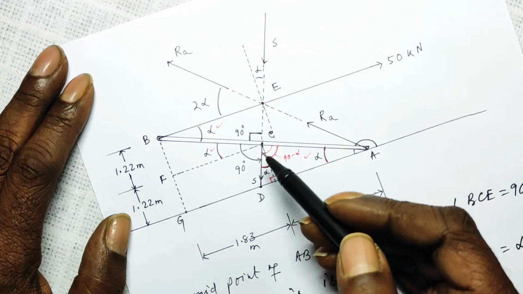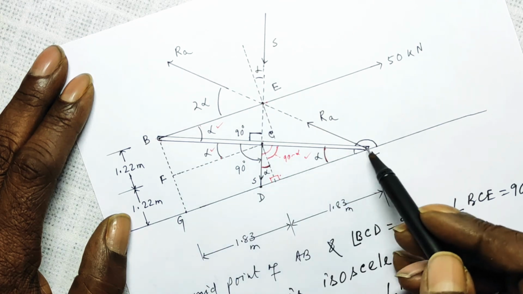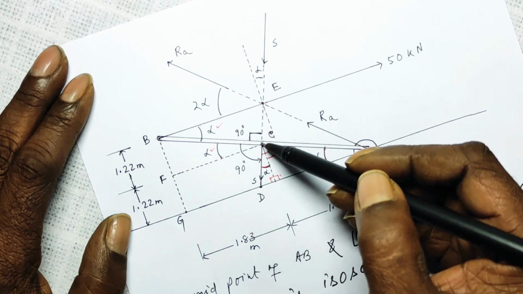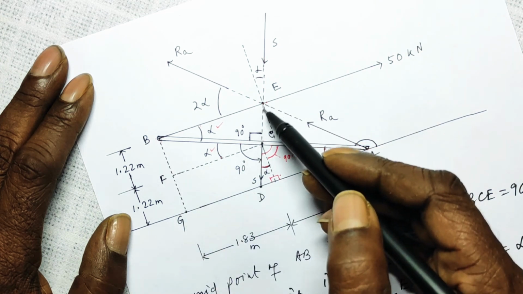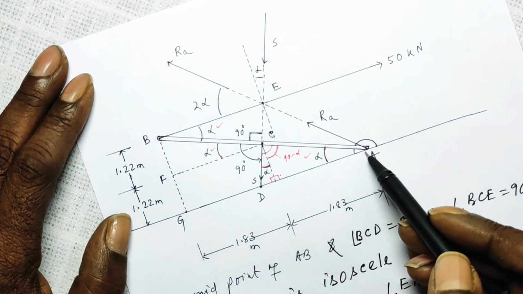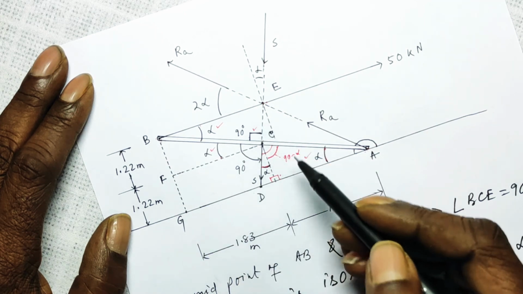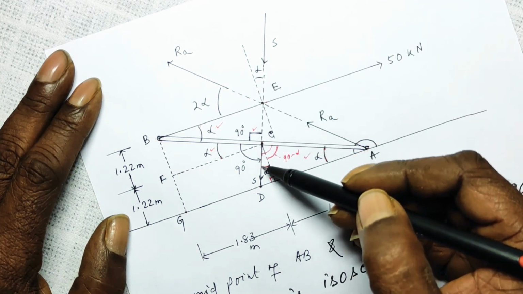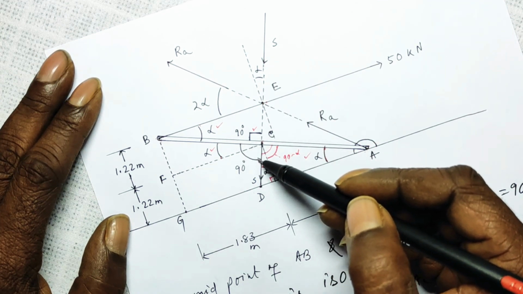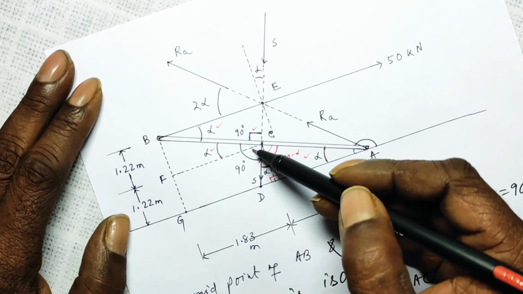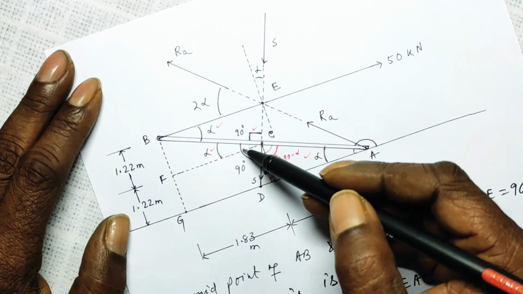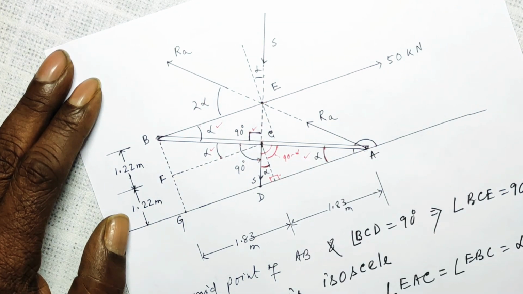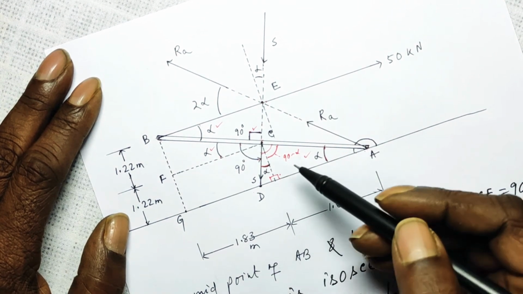Now if you look at the triangle EBA, from the tip of the triangle this dotted line is perpendicular to the bar AB at this point, which means this angle is 90. Because this is the same line, the total angle from here to here is 180, this is given as 90, so the remaining angle is also 90.